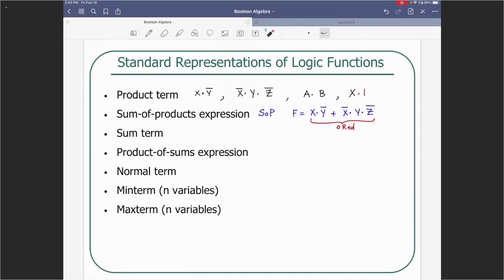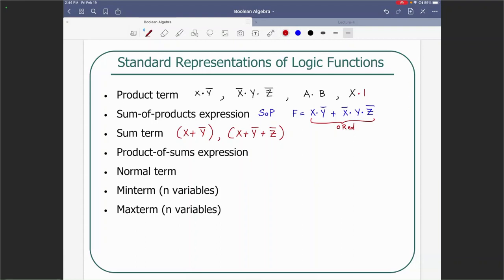All right, now let's go to the other side of the coin, which is a sum term. Earlier we were putting an AND gate between the input variables. Now we are going to be putting an OR gate between the variables, and those input variables could be in their true form or complemented form. For example, x or y complement. That's an example. Or you could have x or y complement or z complement. That's another example.